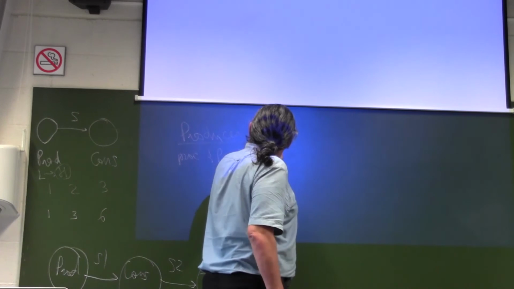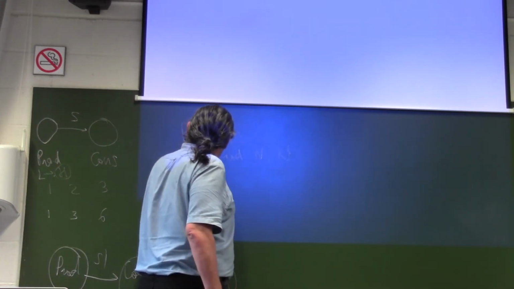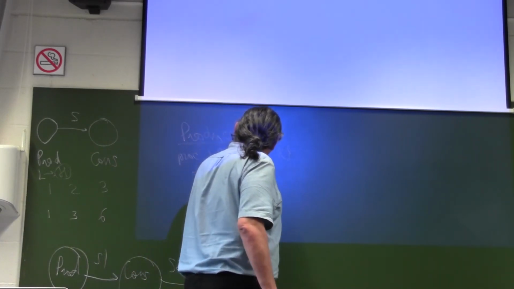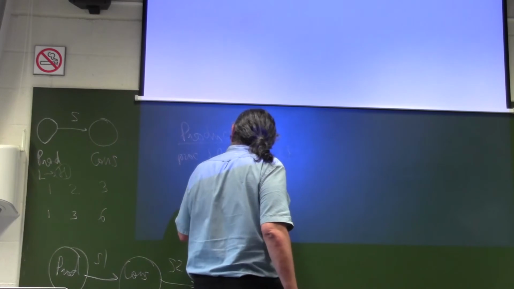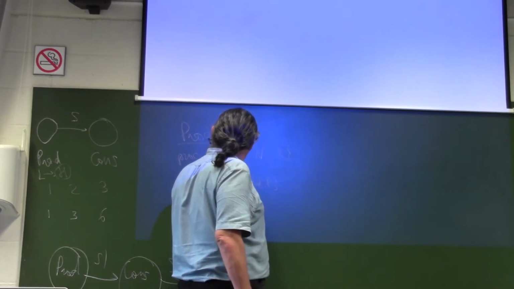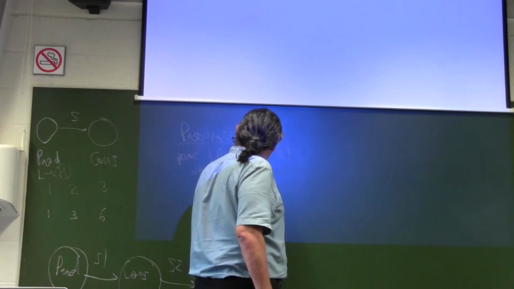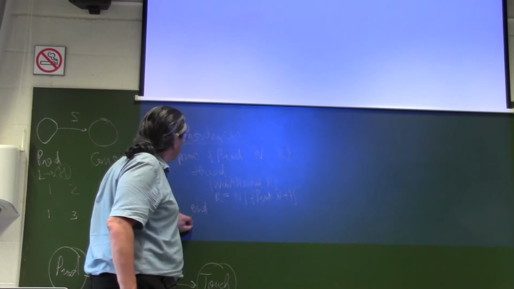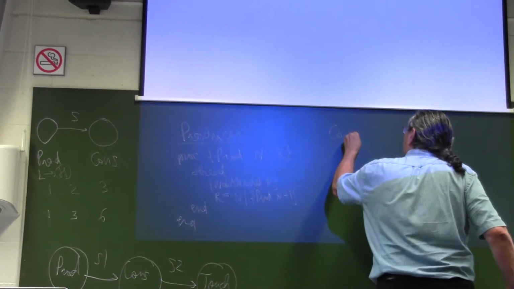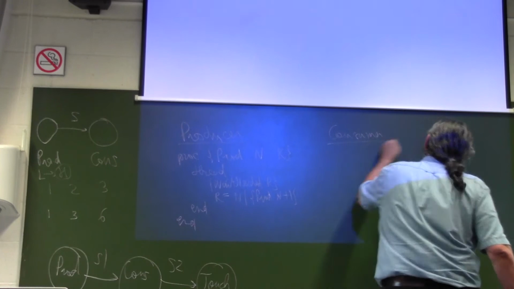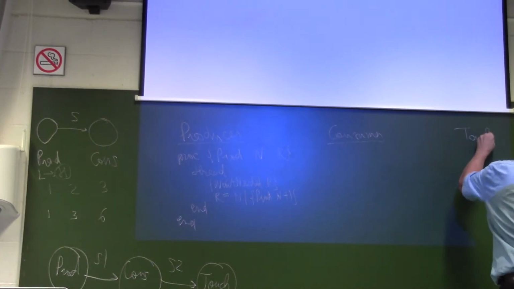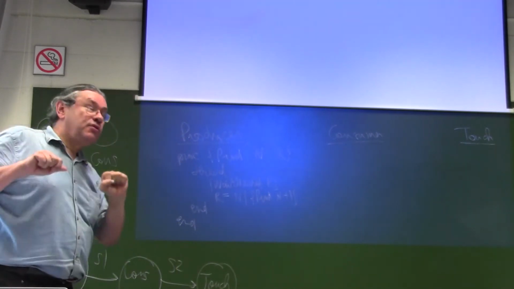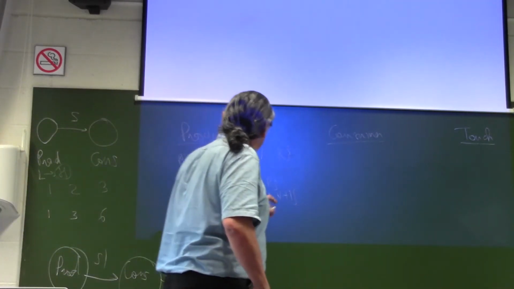So N, R, thread, wait needed, R, and then R is equal to N followed by producer N plus 1. Okay? And the consumer looks like this. And then finally I'll show you the touch. Okay? And I will go through all the details so you can see really how it's computing, okay?